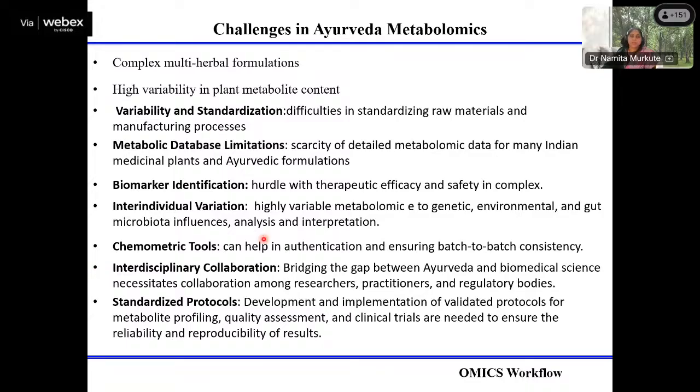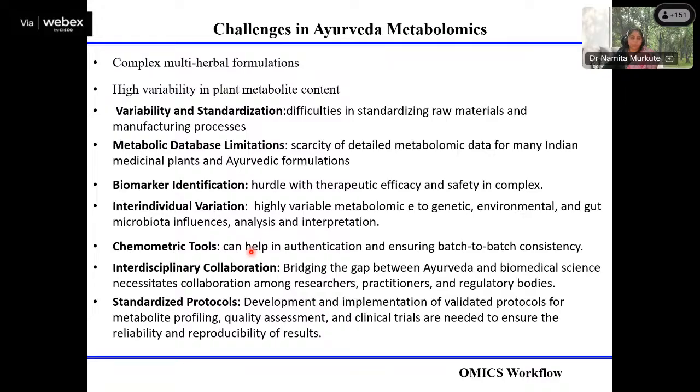So what are the challenges in Ayurvedic or Ayurveda metabolomics? It is a complex multi-herbal formulation. This is a challenge to elucidate and resolve the complexity of these formulations. High variability in plant metabolite content.